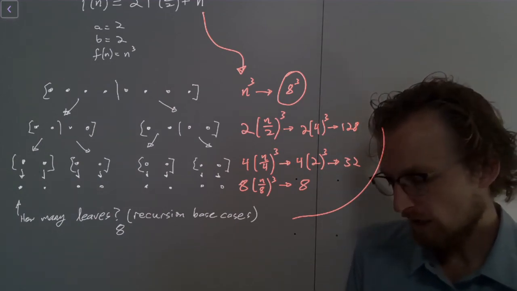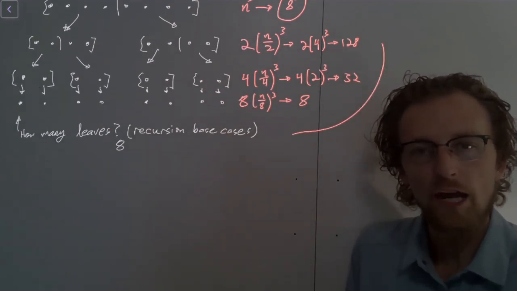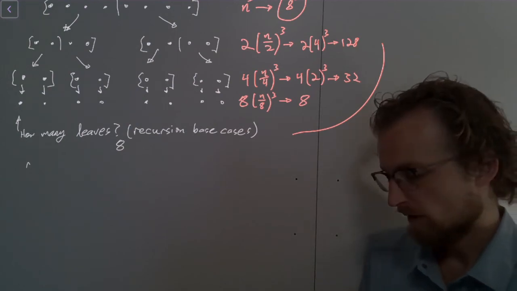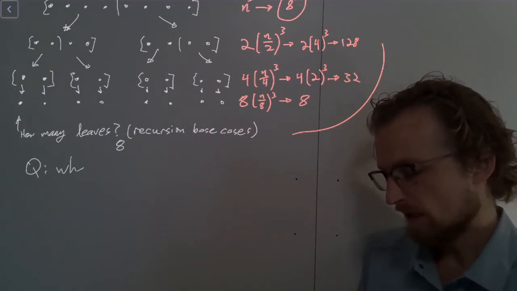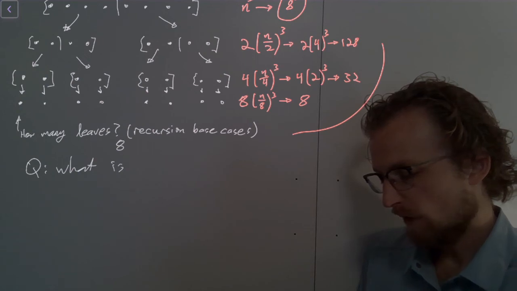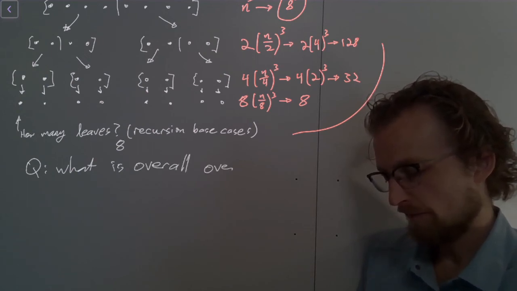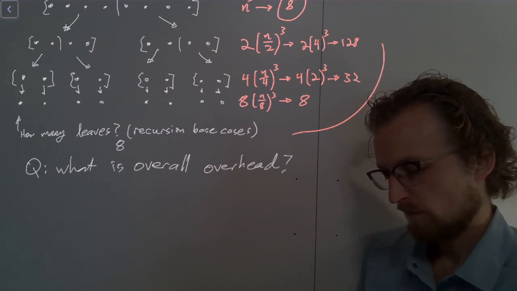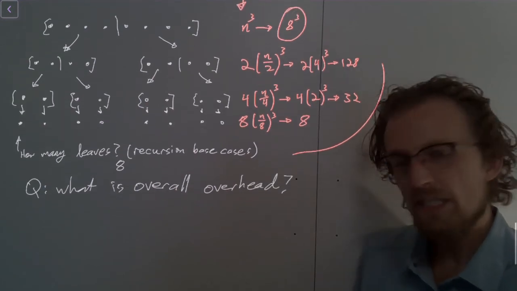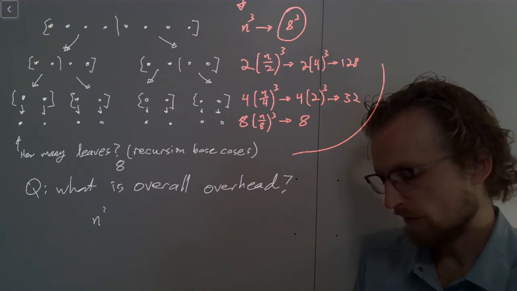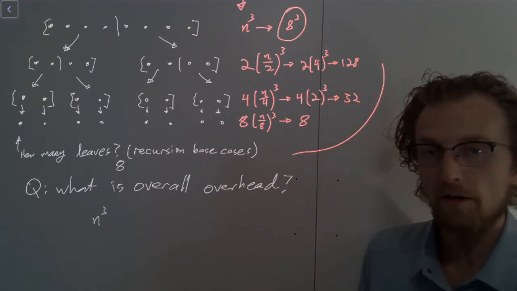So one question we can ask is how much overhead gets done overall? Well, it's n cubed. We know we get n cubed from the first firing of this thing.